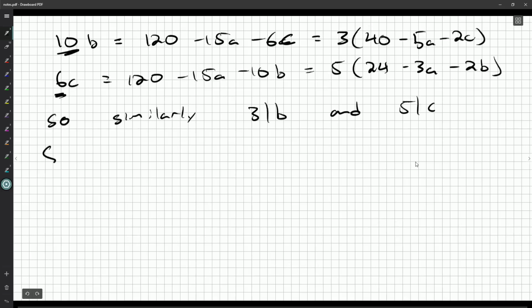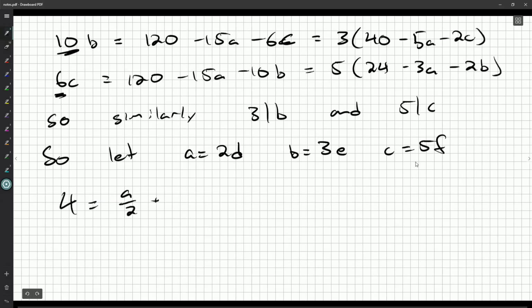Okay, so, I don't know, let a be 2d, b be 3e, and c be 5f, I guess. So let's say 4 is equal to a over 2 plus b over 3 plus c over 5.